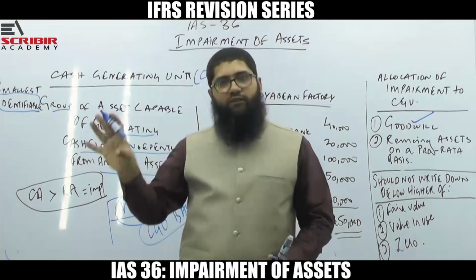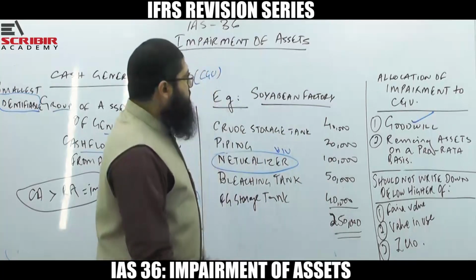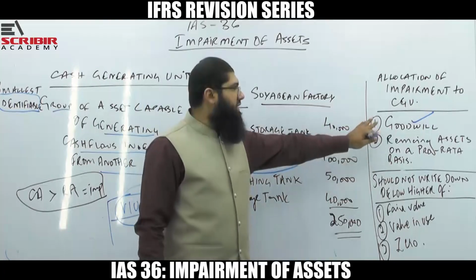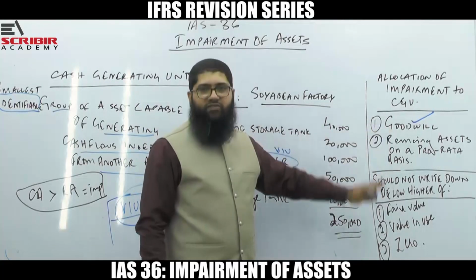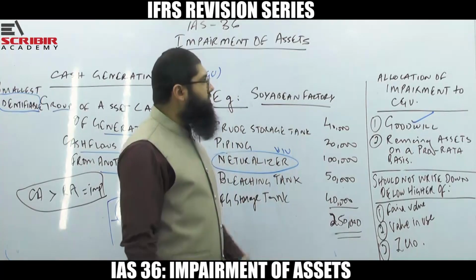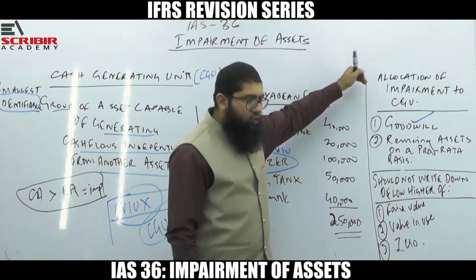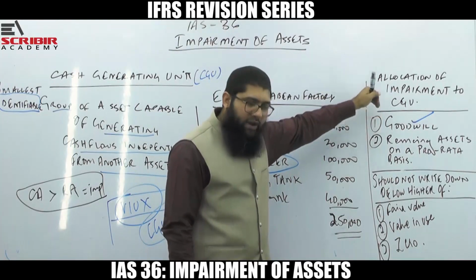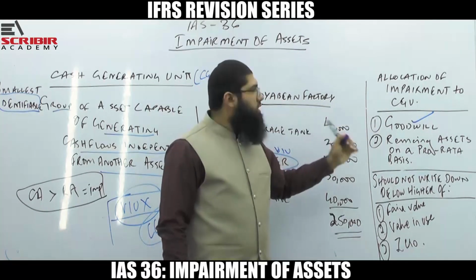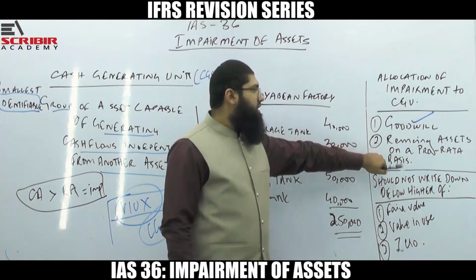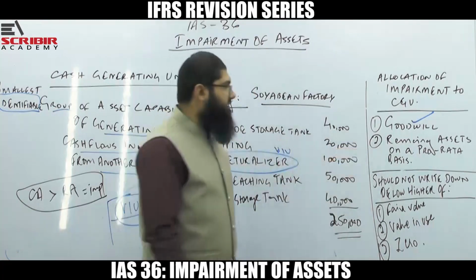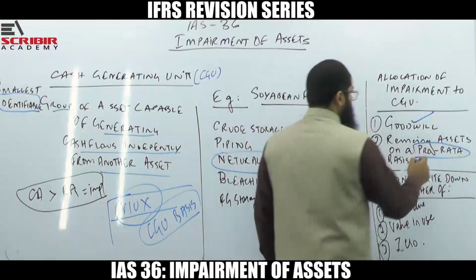So some portion of goodwill is allocated to that also. So if there is a goodwill that you are testing for impairment, I repeat, if there is a goodwill which you are testing for impairment, you have to allocate the impairment loss to the goodwill first. Once it's done, the balance loss shall be allocated to the remaining assets on a pro rata basis. What do you mean by this?